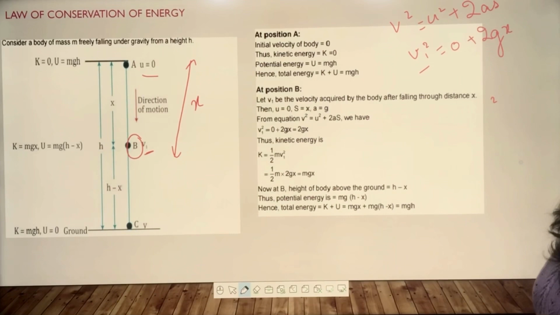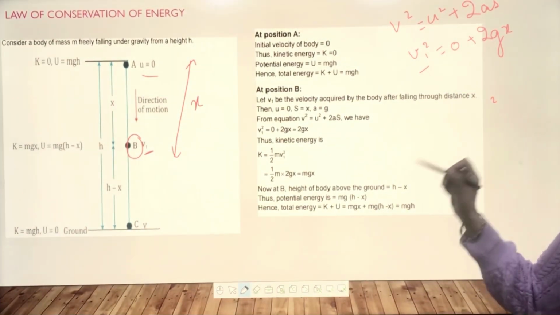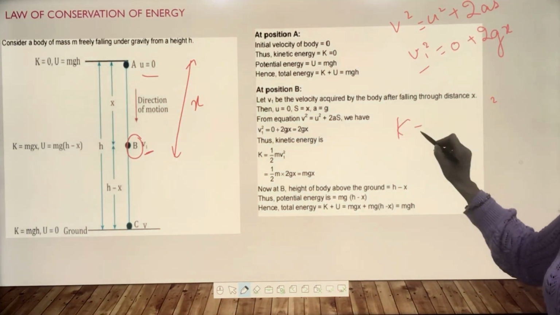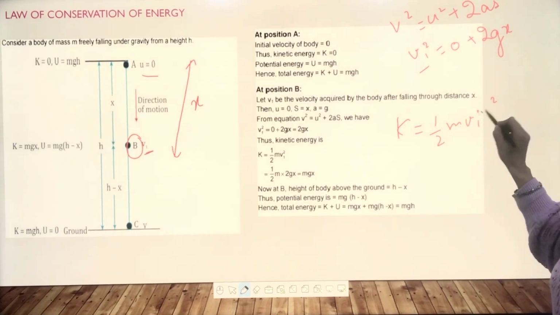So let us start. Kinetic energy is half mv square, and we have taken velocity as v1 over here. So the kinetic energy at point B will be half mv1 square.